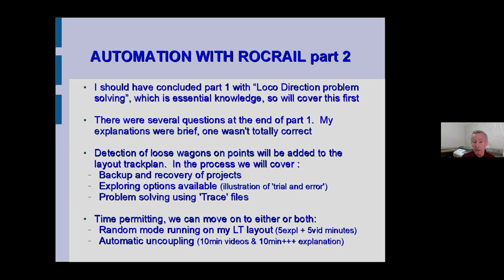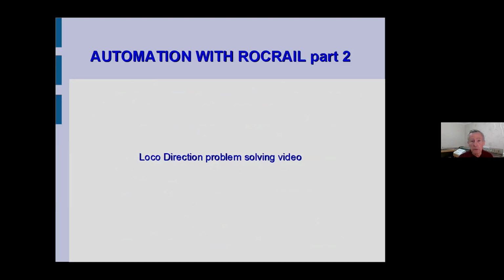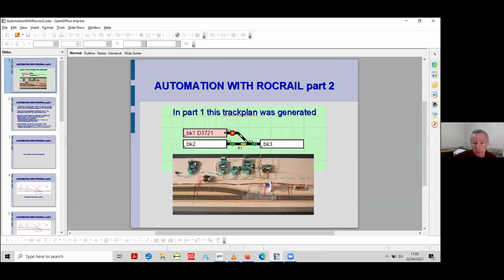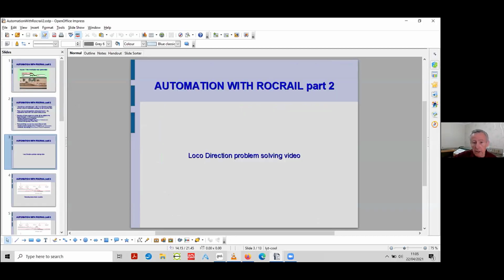That's only a 5-minute video and maybe 5 minutes of explanation. I've also got some automatic uncoupling, which is a 10-minute video and 10-minute explanation if there's time. So we'll move on to Loco direction problem solving, and we're going to start off with a video.